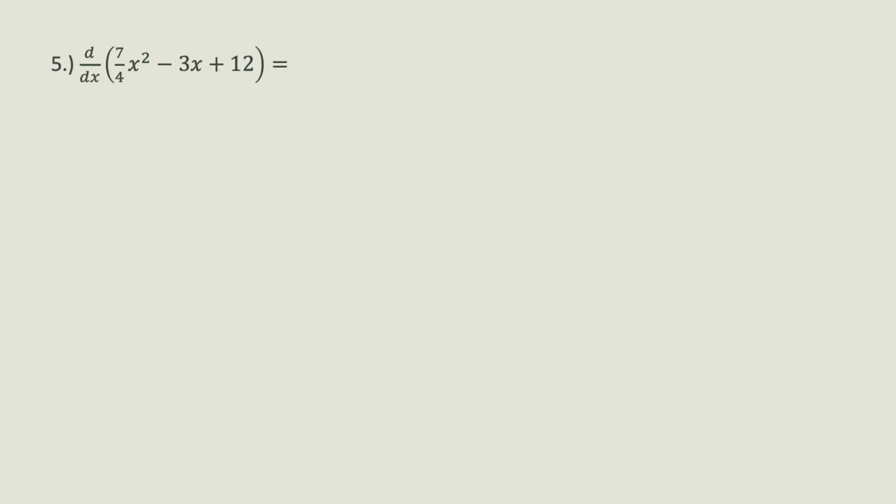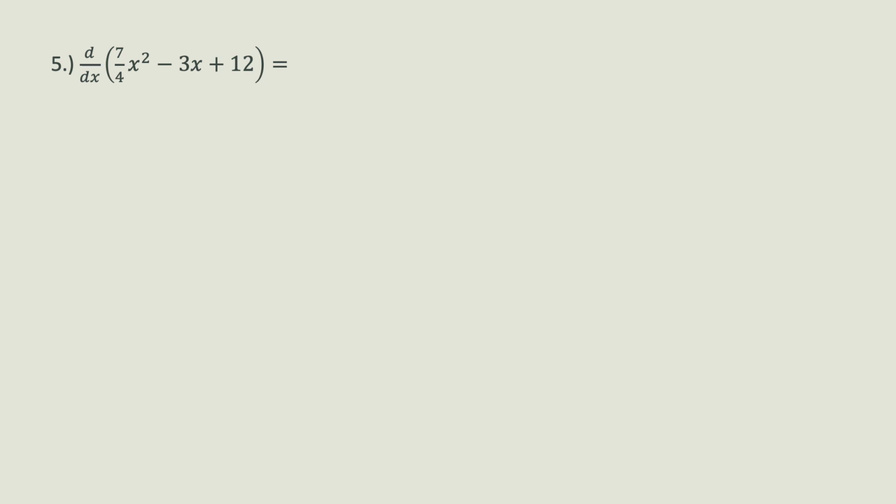Here we skipped the function itself and went straight to taking the derivative. So we have d dx of 7 over 4 x squared minus 3x plus 12. What does that equal? Well, we're trying to find the derivative.